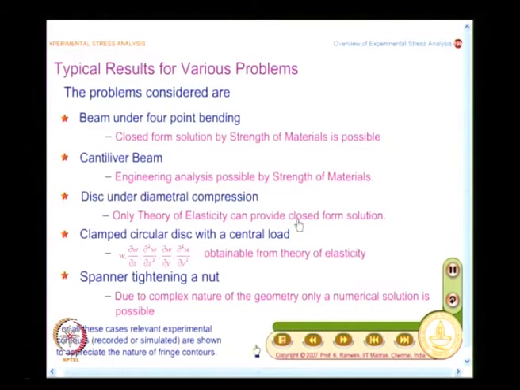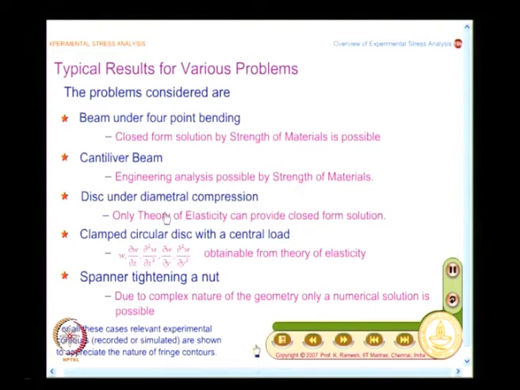The problems considered are beam under 4-point bending, cantilever beam, disc under diametrical compression, clamped circular disc with a central load, and finally spanner tightening a nut. So, this is based on increasing degree of complexity. Beam under 4-point bend is easy to solve from strength of materials approach, and you have a closed form expression. The moment you come to cantilever beam, you have shear, but you do an engineering analysis by strength of materials.